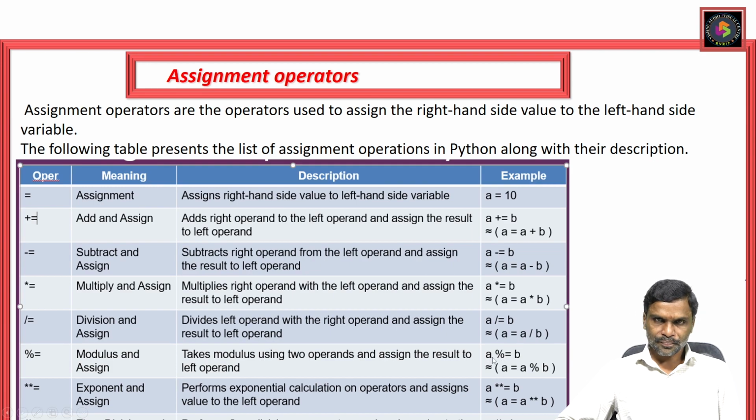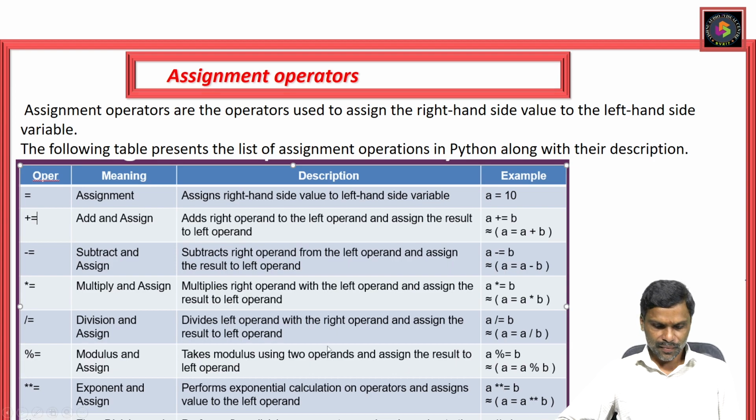Similarly, A modulus equal to B means A is equal to A modulus B. Similarly, you can see here floor division and exponent also. Here floor division is not applicable in this, and here exponent you can see A exponent equal to B means A is equal to A exponent B.